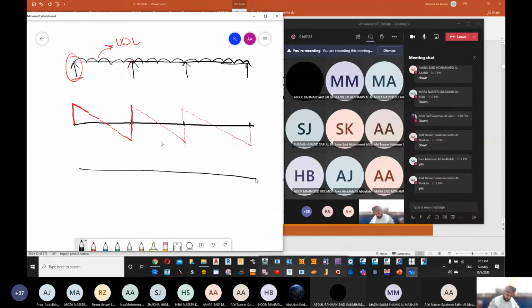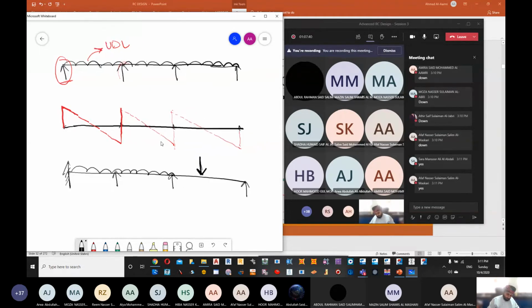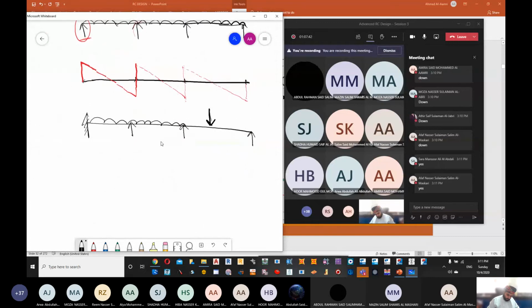Last scenario. Once again, shear force is a matter of going up or down. Okay, up or down only. Now this reaction goes up or down?